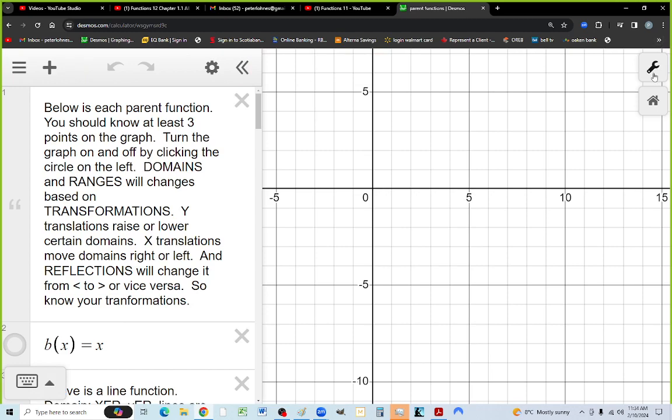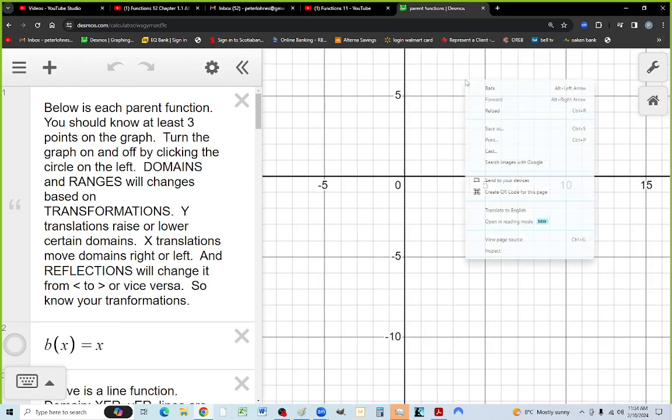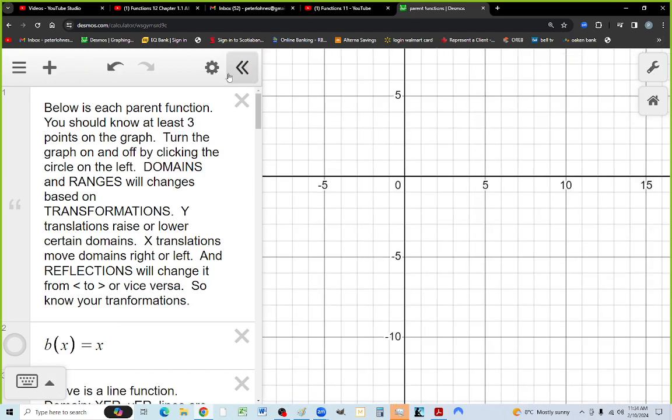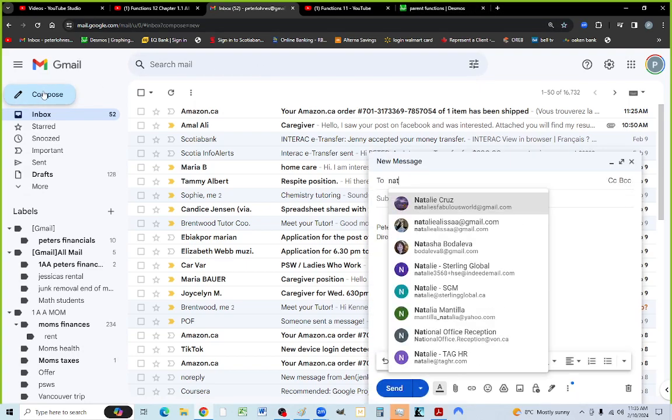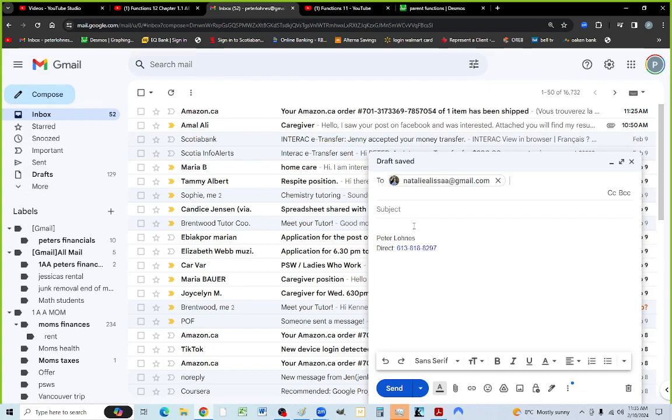There used to be a little thing up here. I seem to have gotten rid of my bars because I know I can send it. Maybe I can just send it like this. There we go. It's all jammed up.